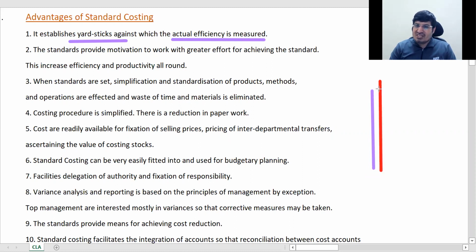Now you can measure it against the standard. When you measure your height, in our houses on walls we mark 5 foot, 5 foot 5, and we stand and measure ourselves. That is a yardstick. Anything which is a standard against which you measure is a yardstick.